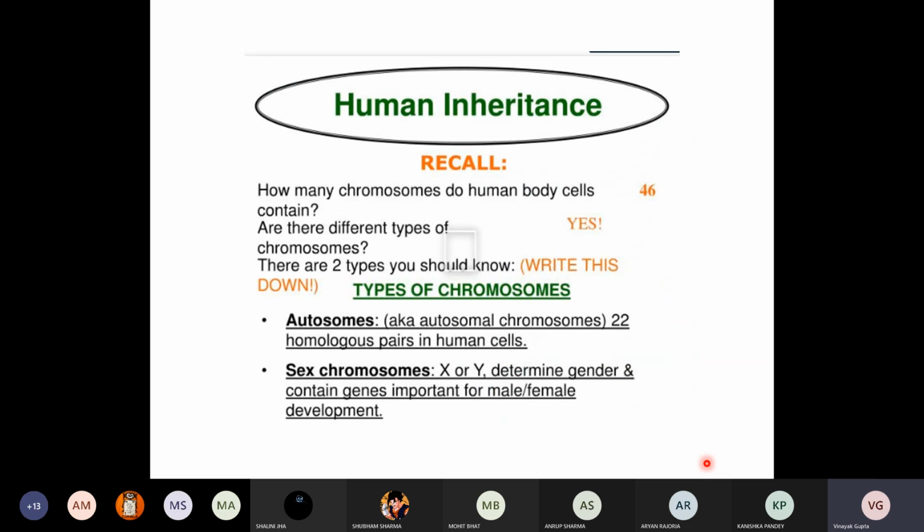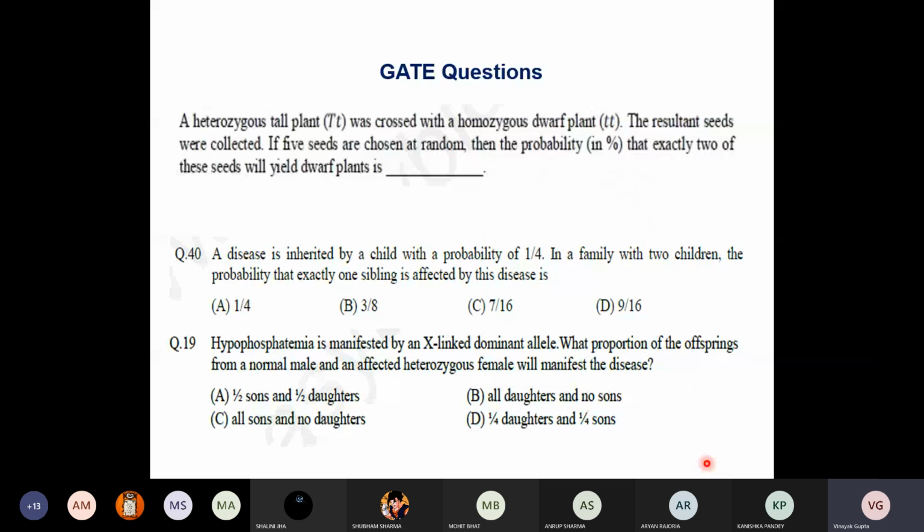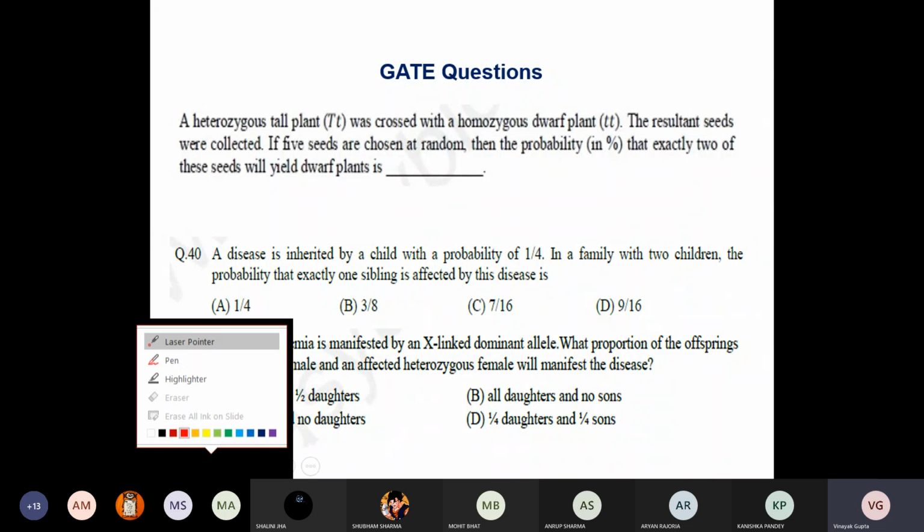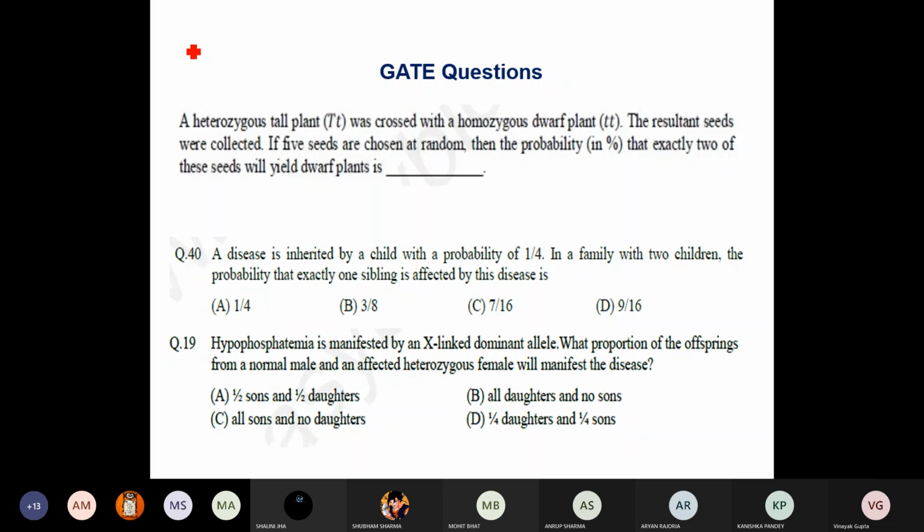Whenever we have a problem with respect to the X-linked or Y-linked, the approach is going to be very simple. Let's discuss that. You can make the Punnett square for X and Y chromosome. So here, if we go through the question, this particular disorder is manifested by an X-linked dominant allele.